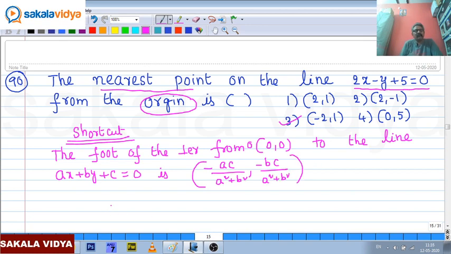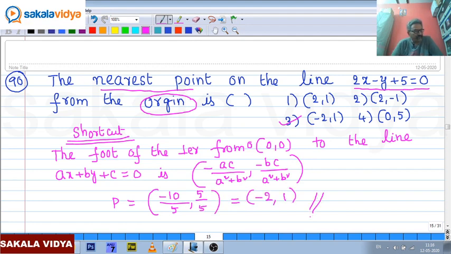So now you see the foot of the perpendicular, required point P is equal to, see what is a? 2, minus 2 into 5, minus 10 by a square plus b square, that is 5, comma minus bc, 5 by 5, that will be minus 2 comma 1.